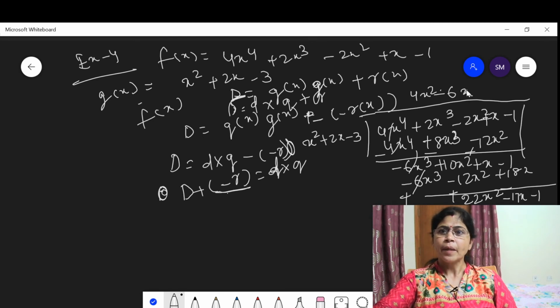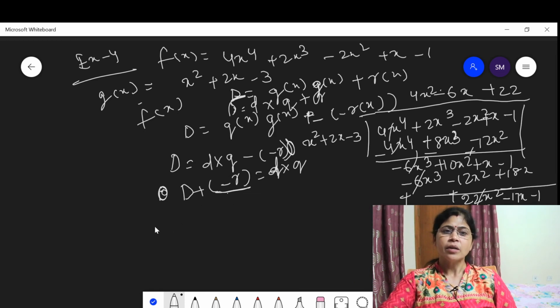Then this is multiplied with plus 22: 22x square plus 44x minus 66. Then minus plus, this cancels, then we get minus 61x plus 65, this is the remainder.